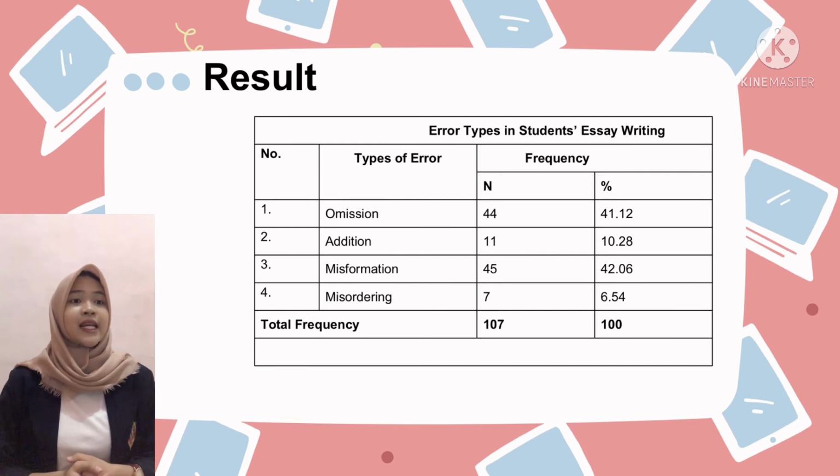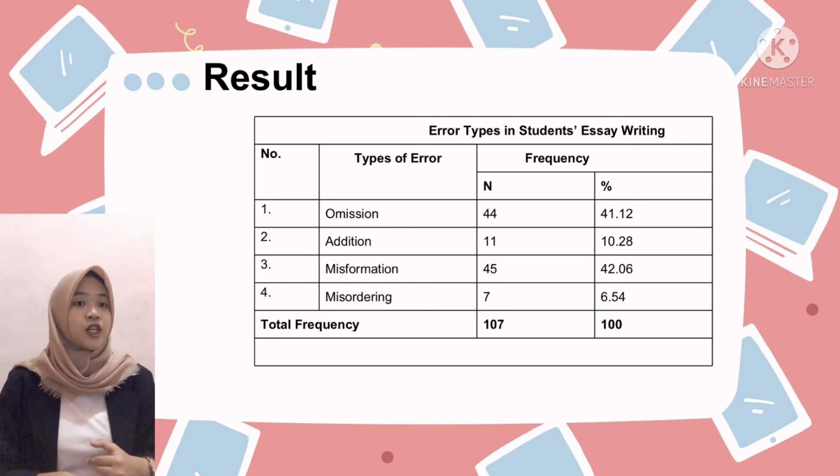And after collecting and analyzing the data, the researcher got the result that is described in a table. You can see the table on my PPT by yourself. So the table shows that there are 4 types of error in students' essay writing.